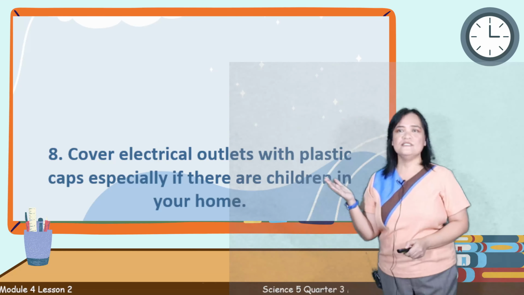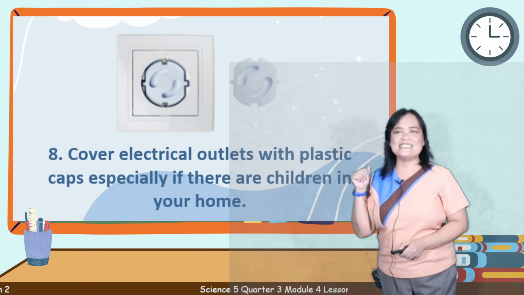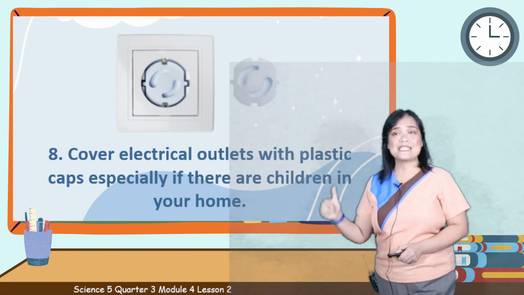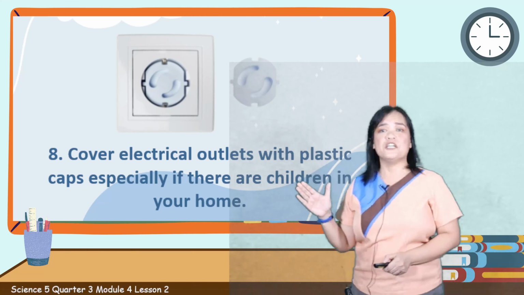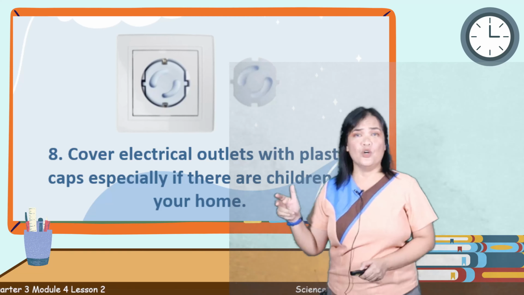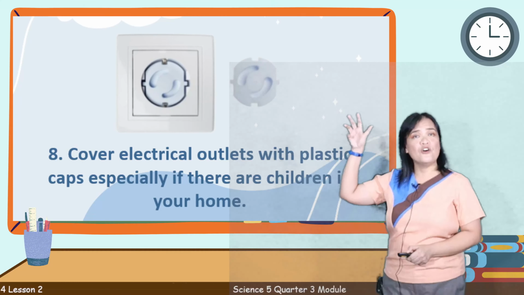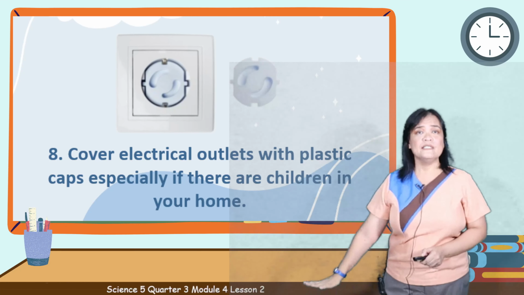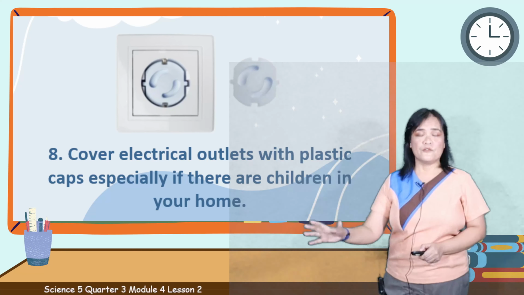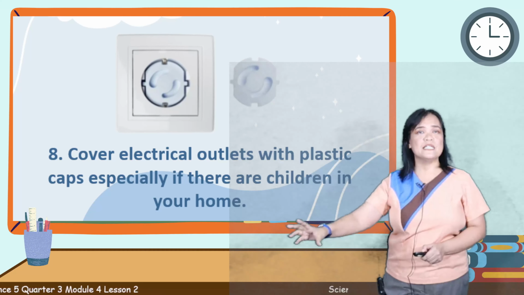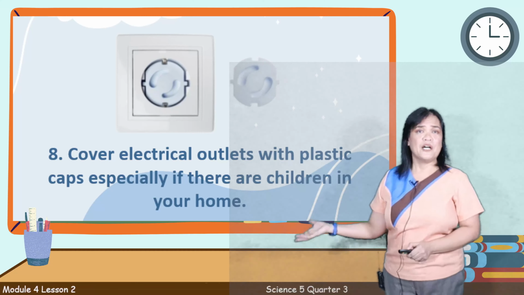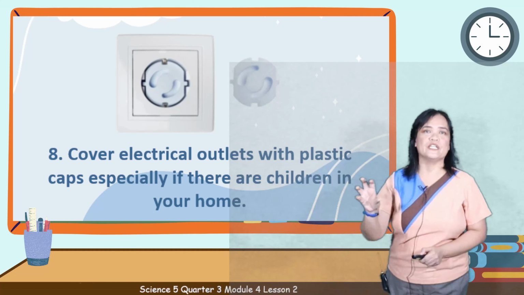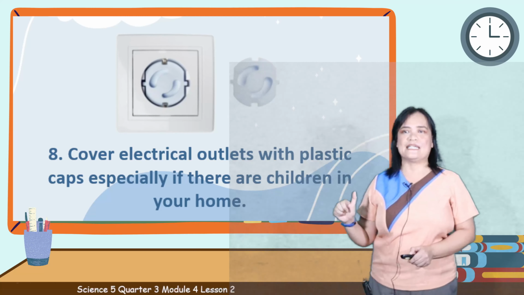The next one, 8: cover electrical outlets with plastic cups, especially if there are children in your home. So you cover them if they're not in use, especially those in the lower area of your house. If you have a little brother or sister, they might get electrocuted. You cover it with plastic cups.